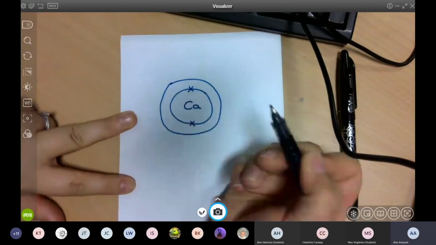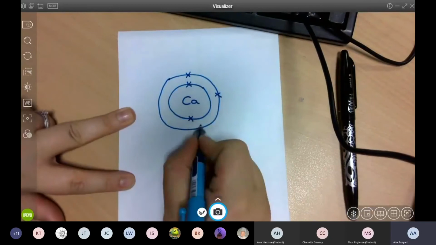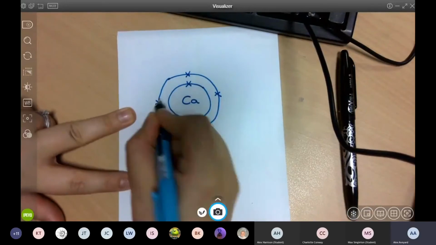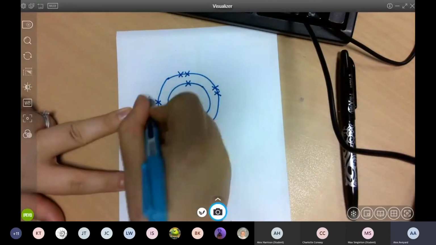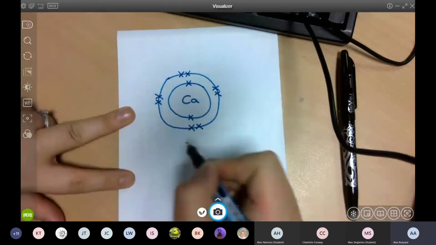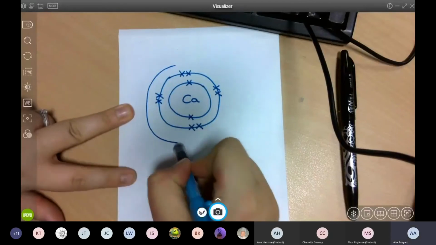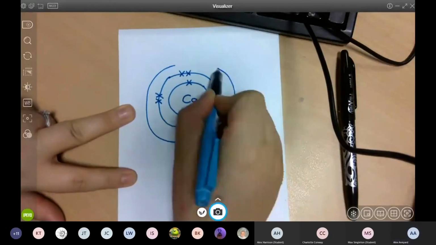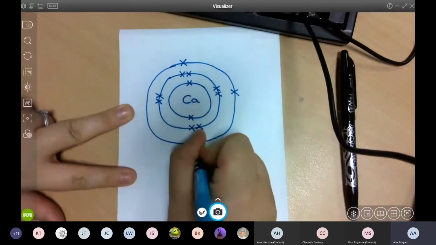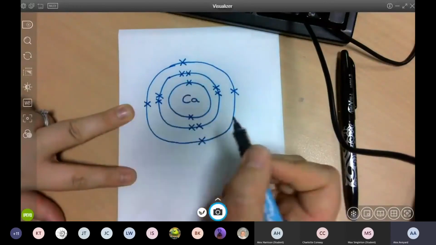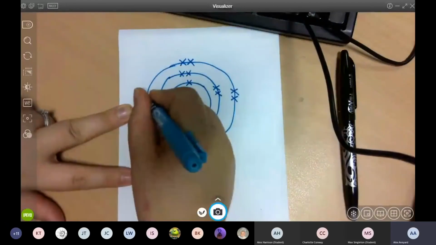Note how I fill them up. 3, 4, 5, 6, 7, 8, 9, 10. So I've used 10 altogether so far. 11, 12, 13, 14, 15, 16, 17, 18.